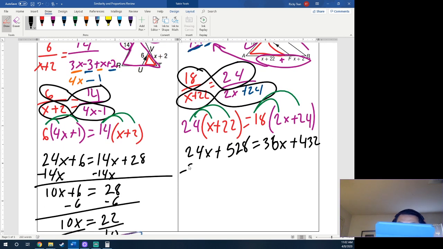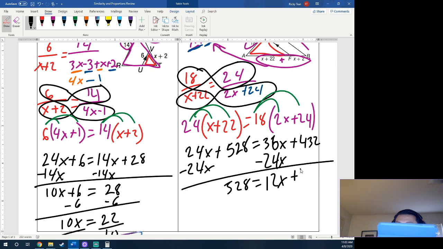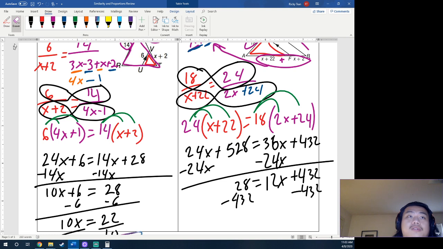Okay, we solve for x. I'm going to subtract 24x from both sides. So I have 528 is equal to 12x plus 432, and then we subtract 432 from both sides. I'm going to fix this 5.